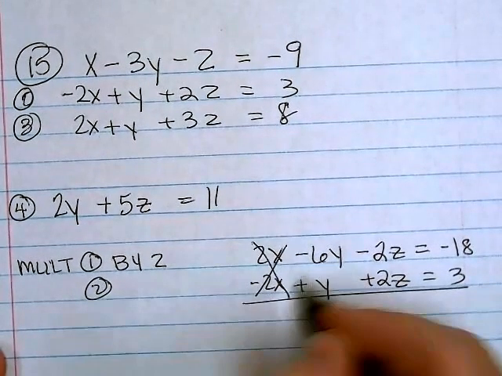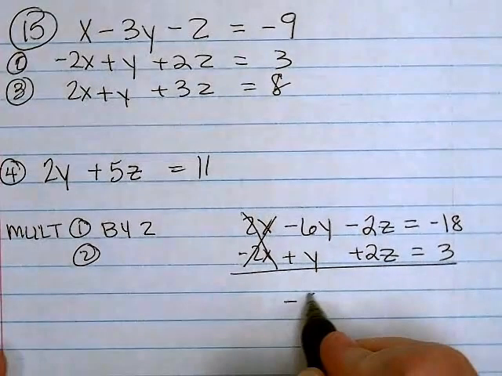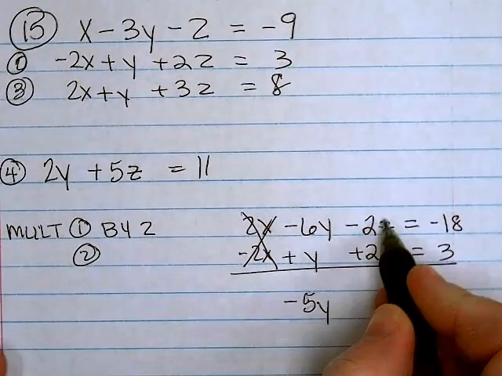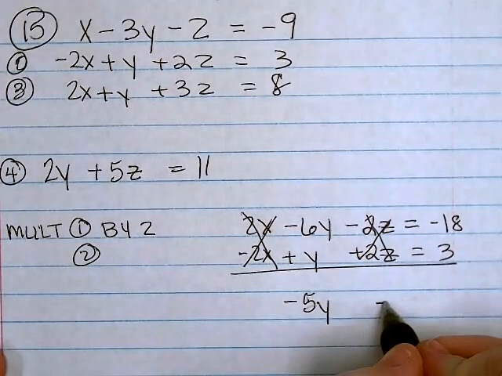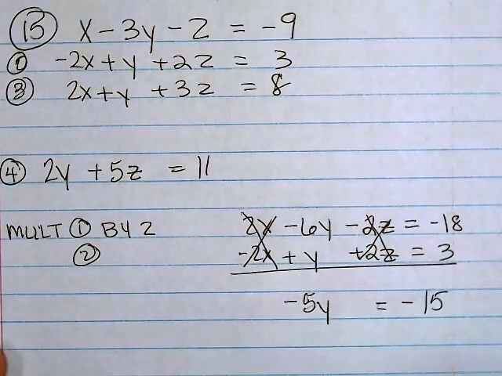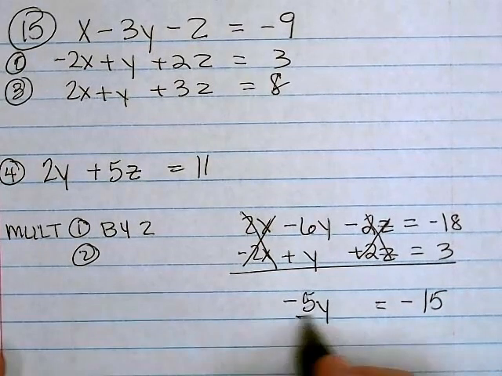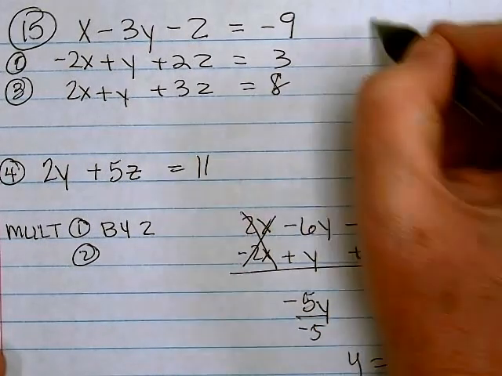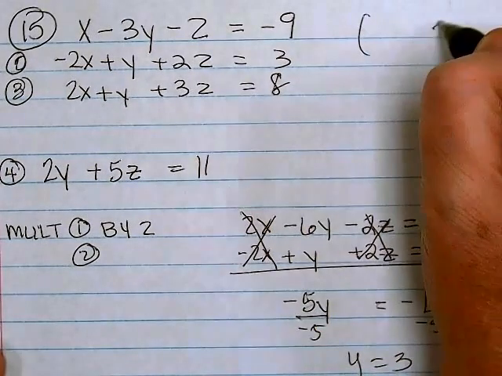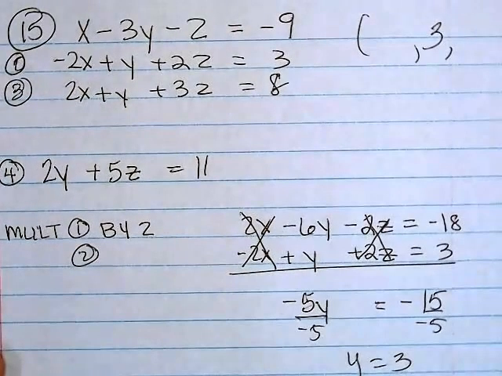The x's eliminate. Negative 5y, guess what? The z's also eliminate, equals negative 15. Divide by negative 5, y is 3. So we're finding x, y, z, so we found the middle one to be 3.